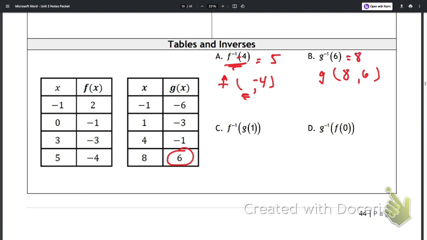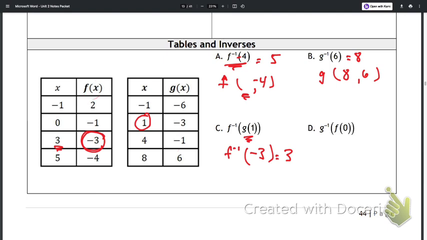On this next one, we need to look and see, first of all, what g of 1 is, and then do f inverse of that. So g of 1, go over here, g of 1 is negative 3, and then we're going to do the inverse of f of negative 3. So that means you're going to go over here to where the y value on the f function is negative 3, and that answer is 3 from right here.